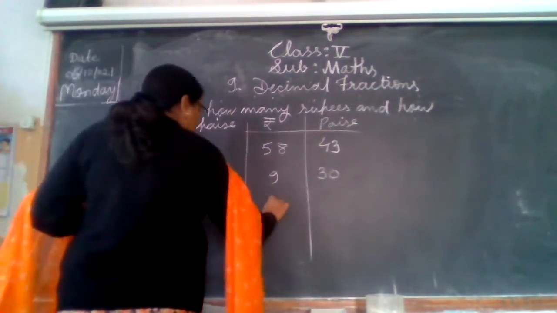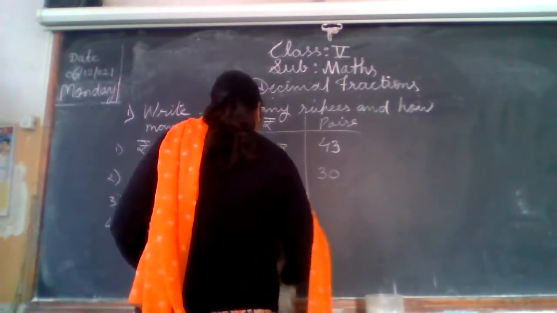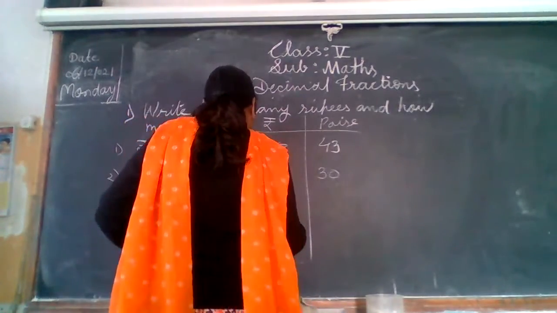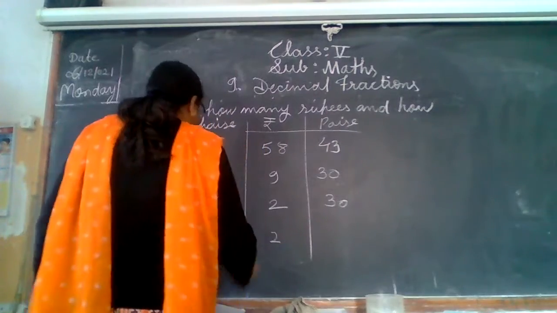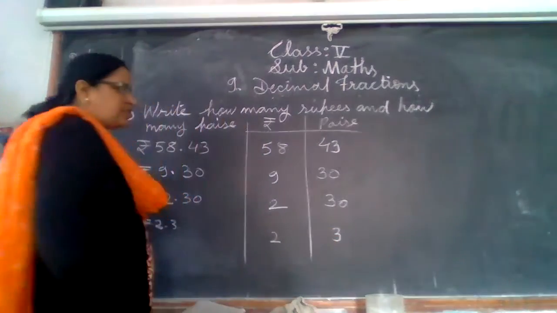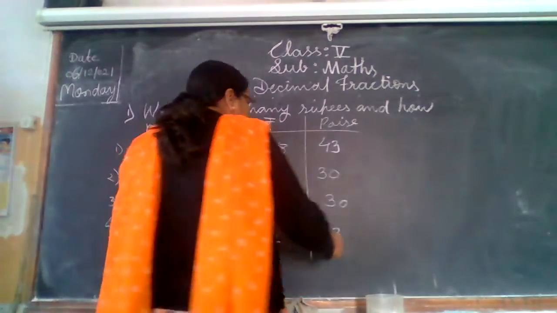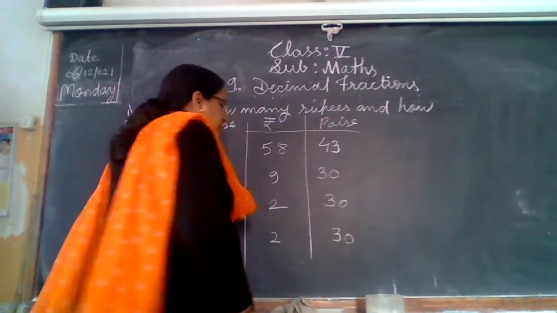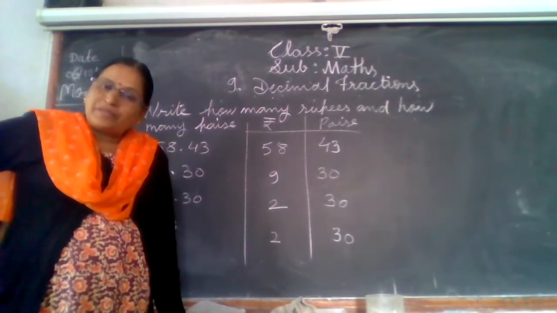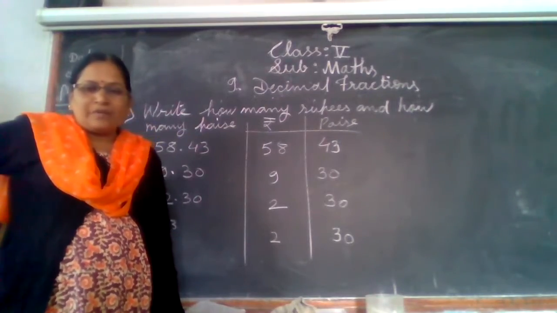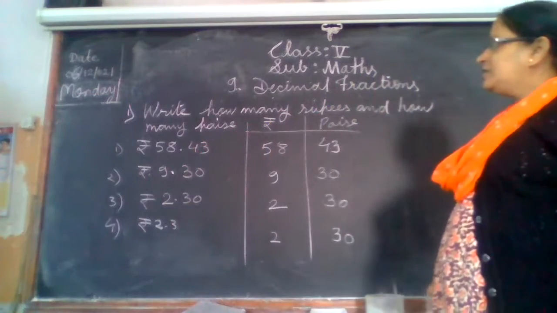Here rupees 2 and paise 30. Here again the rupees 2 and paise is 3. You can put a 0 after the decimal point from the rightmost side, it doesn't change the value of the number. Okay, so it is question number 1 from your book.